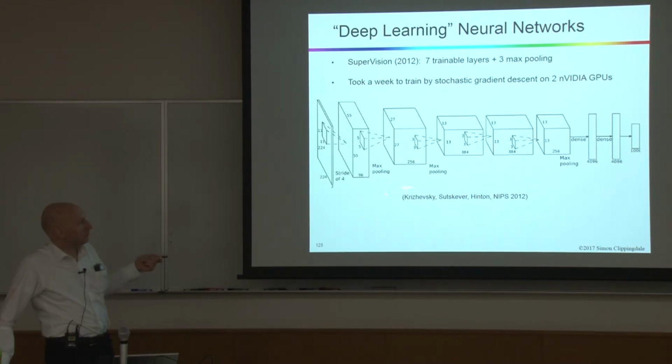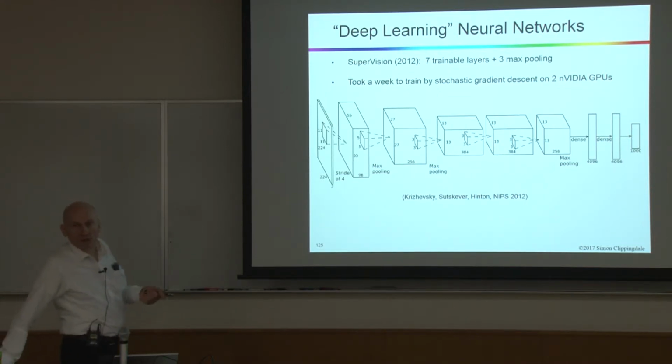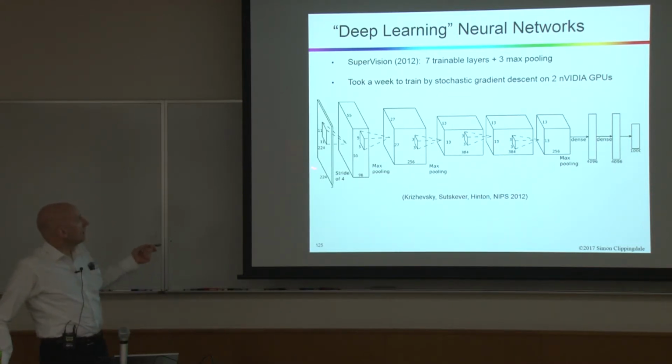And these people from Toronto published this in 2012 at the Neural Information Processing Systems Conference, which used to be a small conference, now it's big. Here's an input layer, 224 by 224, so this is a typical, relatively small image size. It uses an 11 by 11 convolutional filter mask.